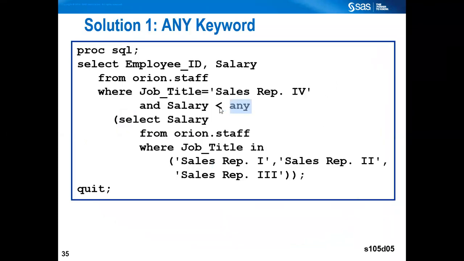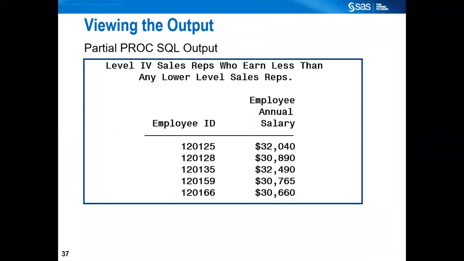So see how it's working. Sales representative 4 and salary is less than any of the salaries of Orion dot staff where job title is in this and this. See, here you have the same table. The same table can be used in a subquery also. So we want to find the lower salaries which this sales representative is earning from any of these. So these are all the people who are earning less salaries.